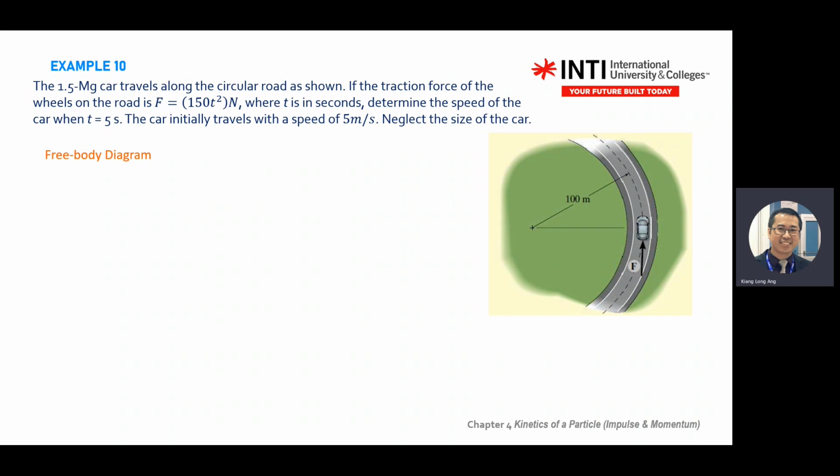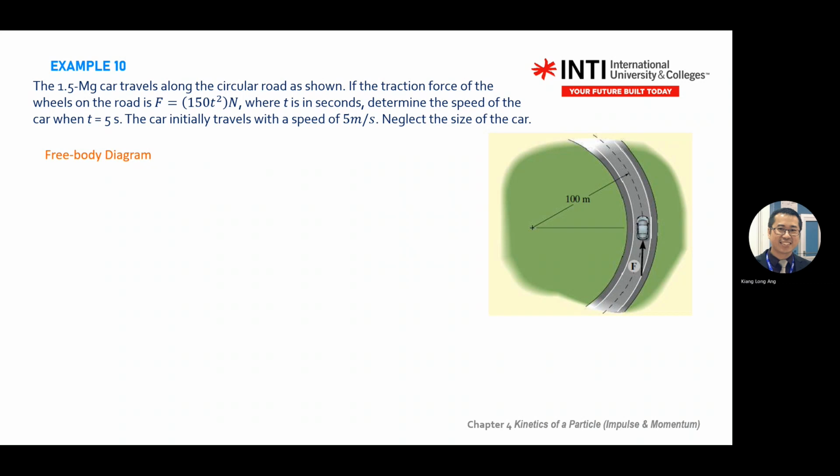So the tractive force is given, and this force is in equation form, right? So your F is no longer a constant value, but F equals 150 t squared. Determine the speed of the car when time is equal to 5 seconds. The car initially travels at a speed of 5 meters per second.